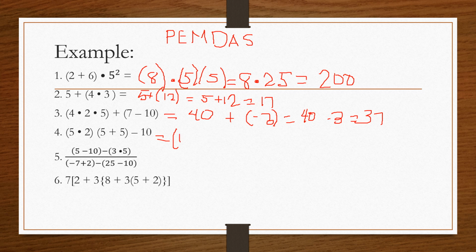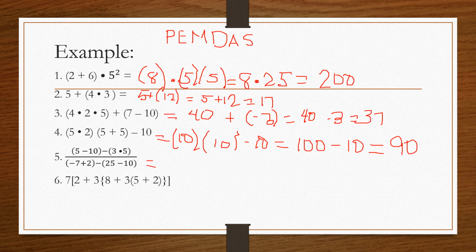So 10. 5 plus 5 is 10 also. Minus 10. So 10 times 10 is 100. Minus 10 equals 90. Okay? So 90. Excuse me.